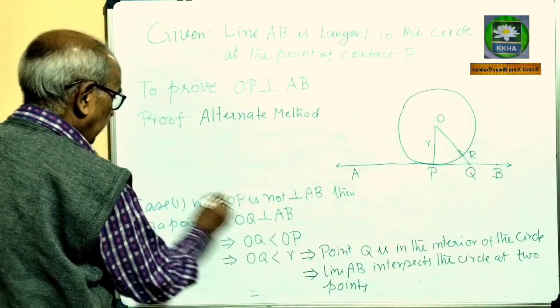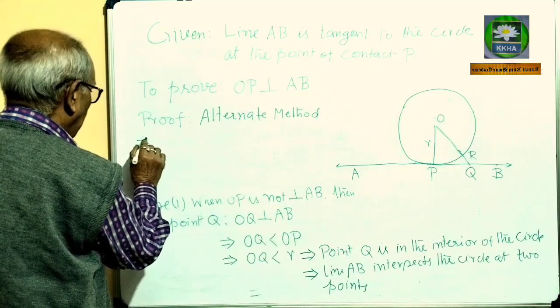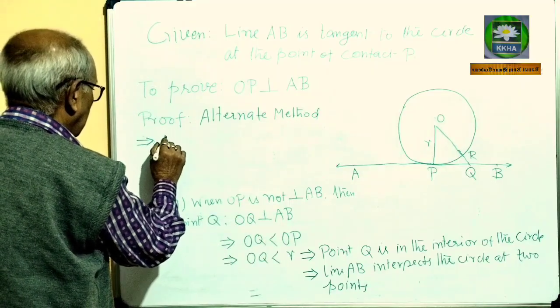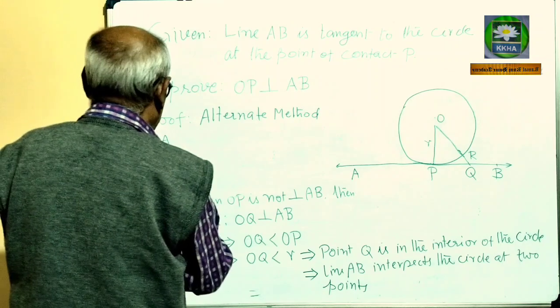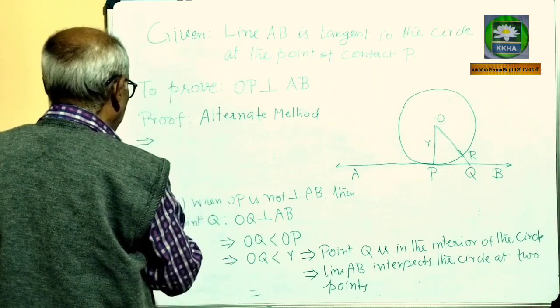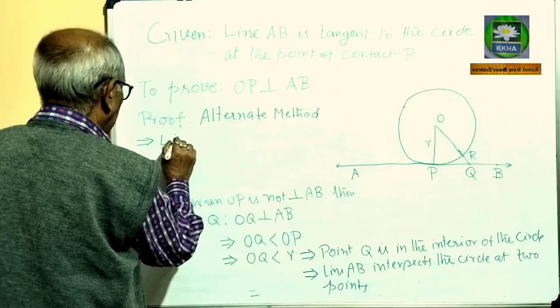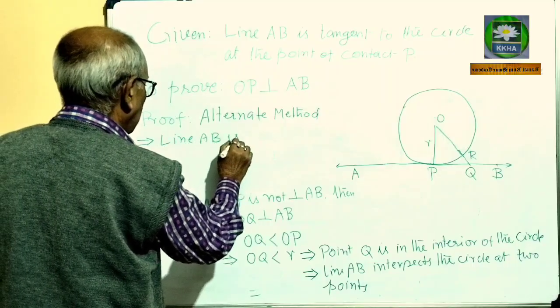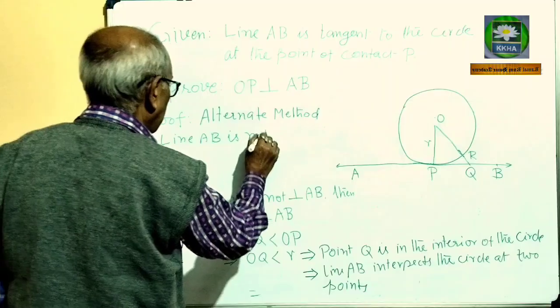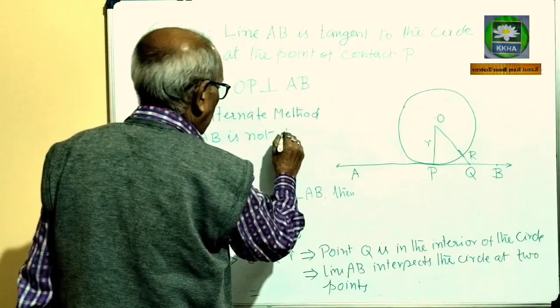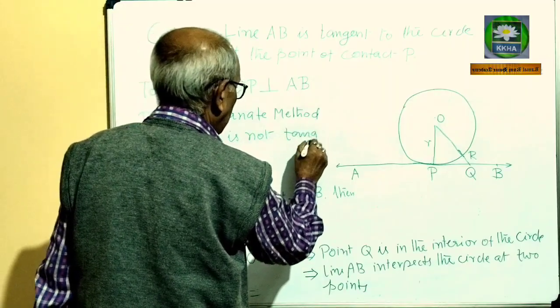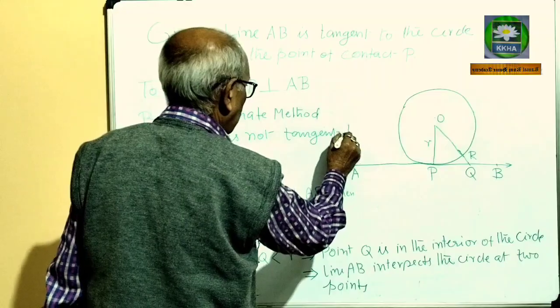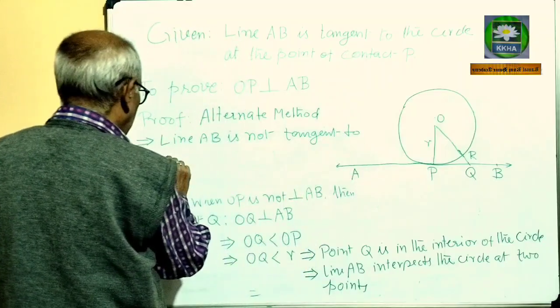This implies that line AB is not tangent to the circle.